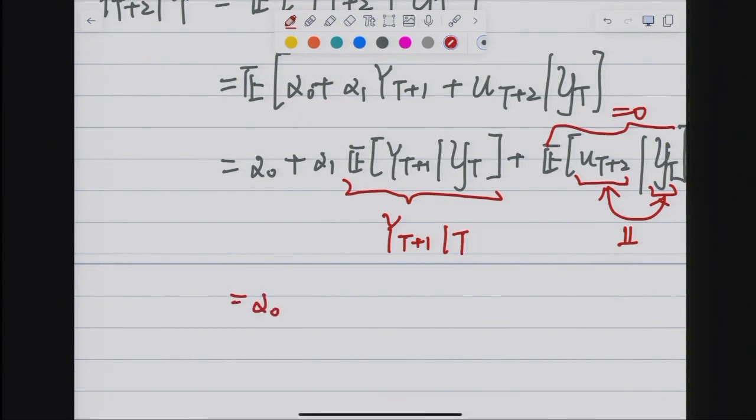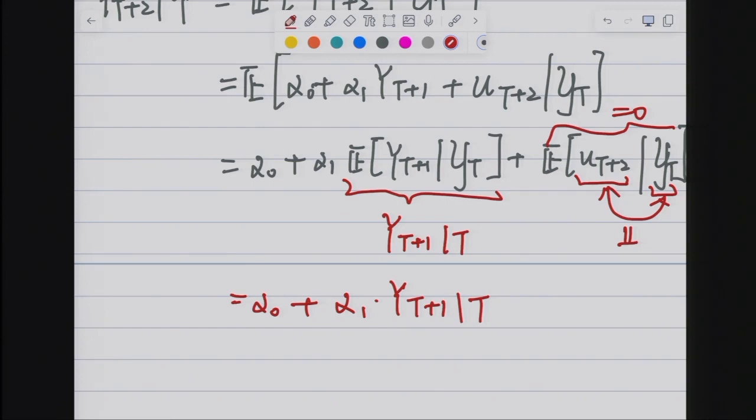And that's why this is equal to alpha naught plus alpha 1 times the forecast of y_{T+1} given T. And then extending this logic, the optimal three-step ahead forecast depends on the optimal two-step ahead forecast.